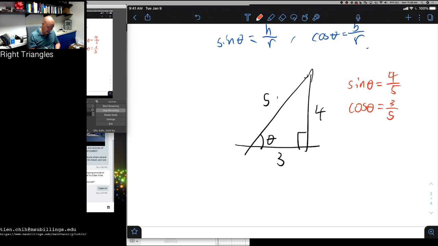And then you can double check that if you want. If I did scale everything down, right, this would scale down to 1. So this would necessarily scale down to be 4/5. And this would necessarily scale down to be 3/5. And that's my x, this is my y. So it does exactly what we thought it was going to do.